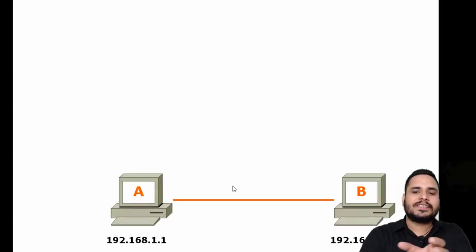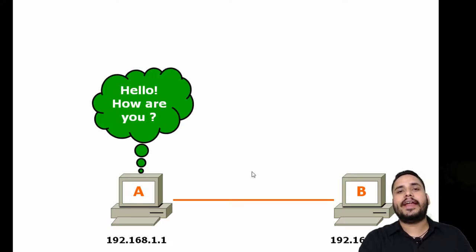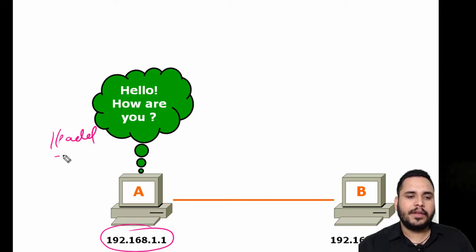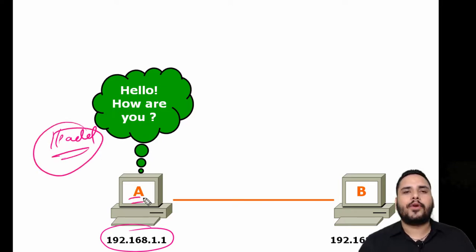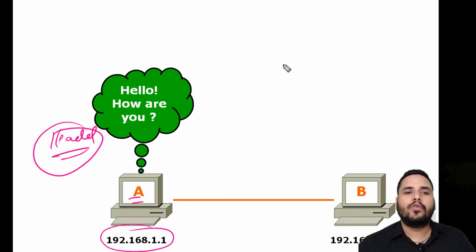Again, I'm using the same design, A to B. A wants to send data to B. Hello, how are you? Now A has one logical address, 192.168.1.1. This is known as an IP address. I'm taking a non-technical example: you and your friends are communicating with each other. You want to write a letter to your friend.